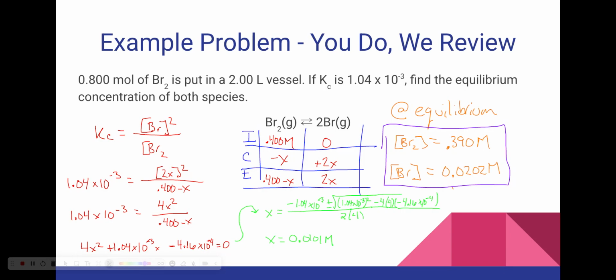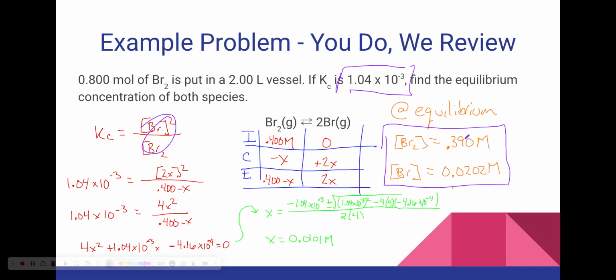Now, the one thing that we can address real quick, guys, is there a way to check your values for the equilibrium concentrations? Indeed, there is. If you plug your equilibrium concentrations into your Kc expression, so I'm talking that right here, you should get the value of Kc given to you in the problem if you did the math correctly.